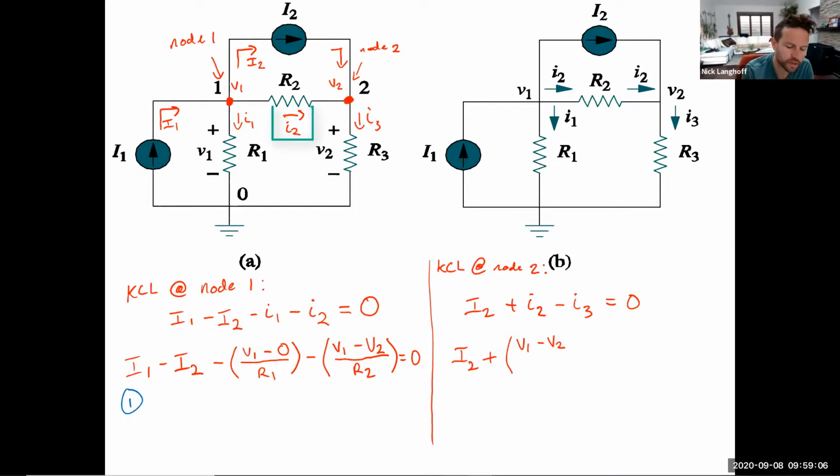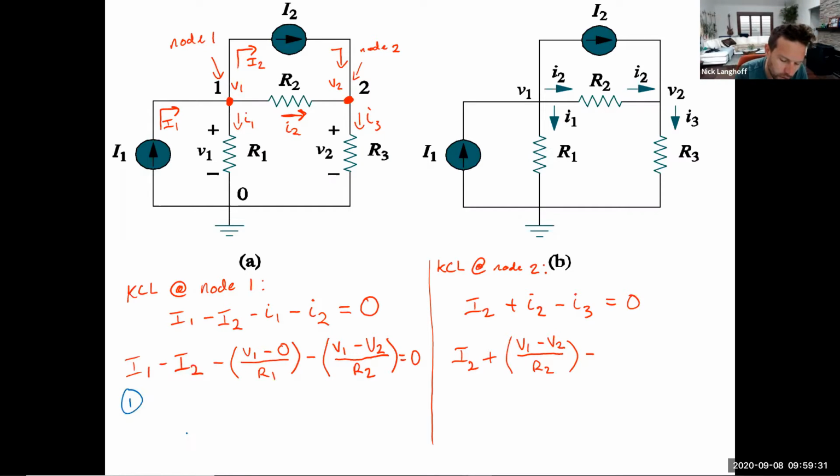Well, we drew the direction of i2 as flowing towards the right through resistor 2. So it's V1 minus V2 divided by R2, minus, and notice that I'm drawing everything in parentheses very carefully right now so that we're keeping track of the sign. I want to really emphasize that.